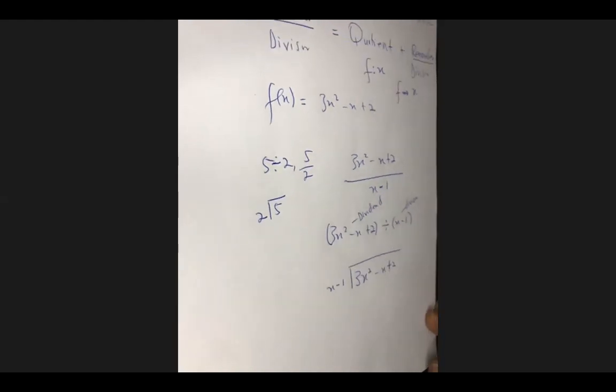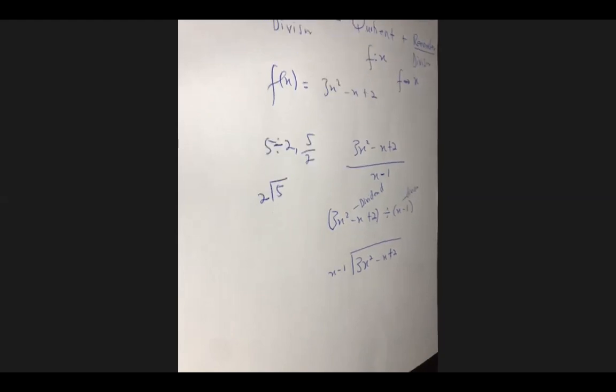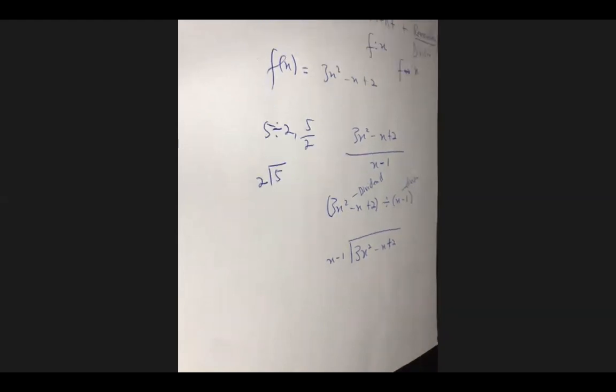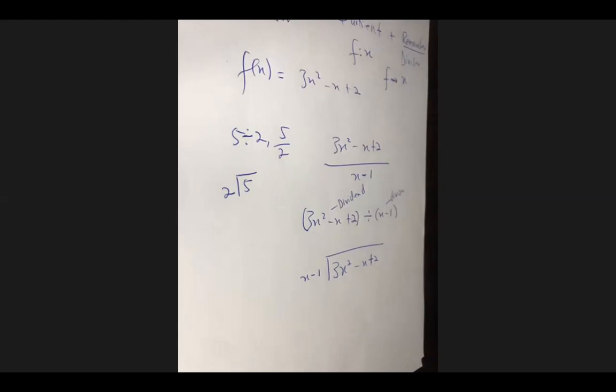Good. This is it. So now with this, it is quite different from our normal long division, because obviously our normal long division didn't involve variables or alphabet. They were just numbers. But in this topic, we have alphabet or variables, which is the x.